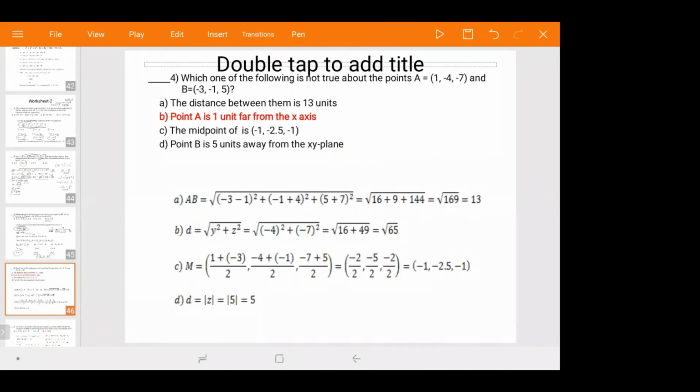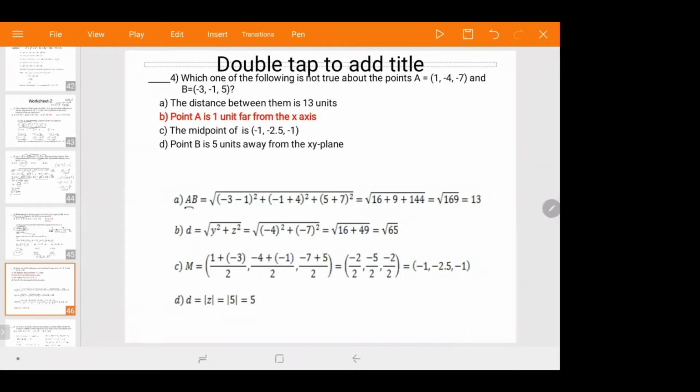Next question, question number 4. Which one of the following is not true about the points A and B, where A is (1, -4, -7) and B is (-3, -1, 5)? A says the distance between them is 13 units. Let us check.